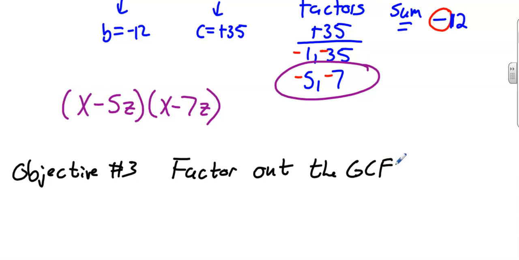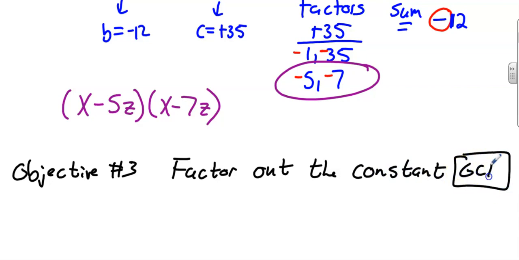Let's say factor out a constant. Now, even though it's the constant, it's still the greatest common factor. So you're going to factor out the constant before factoring the quadratic.